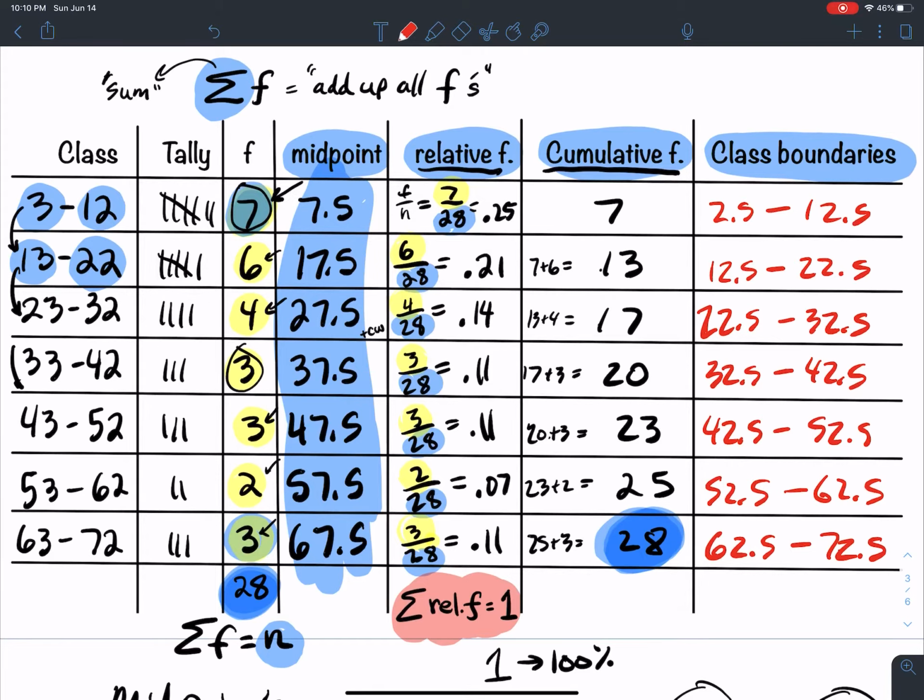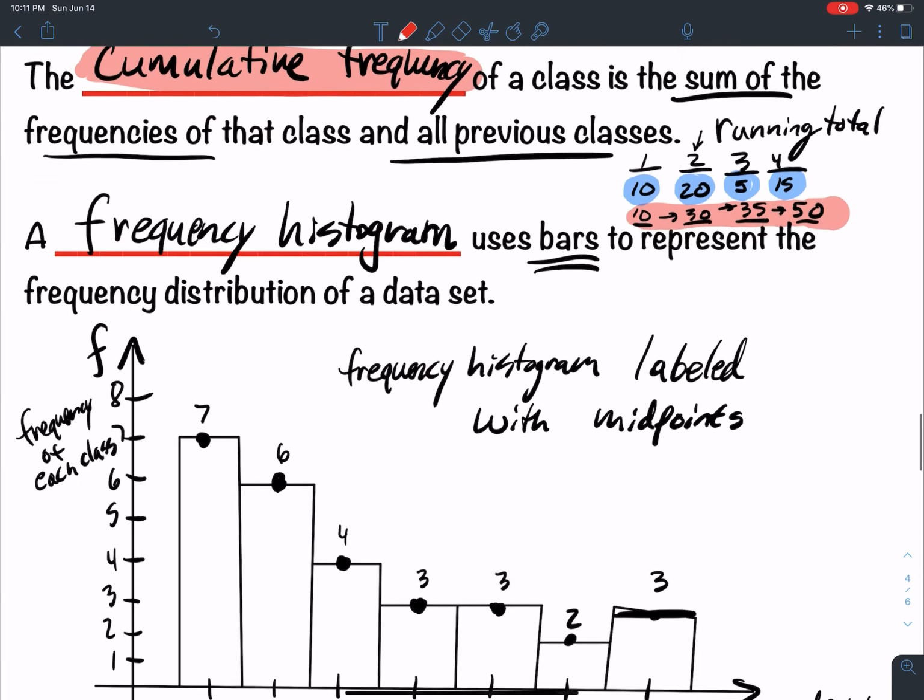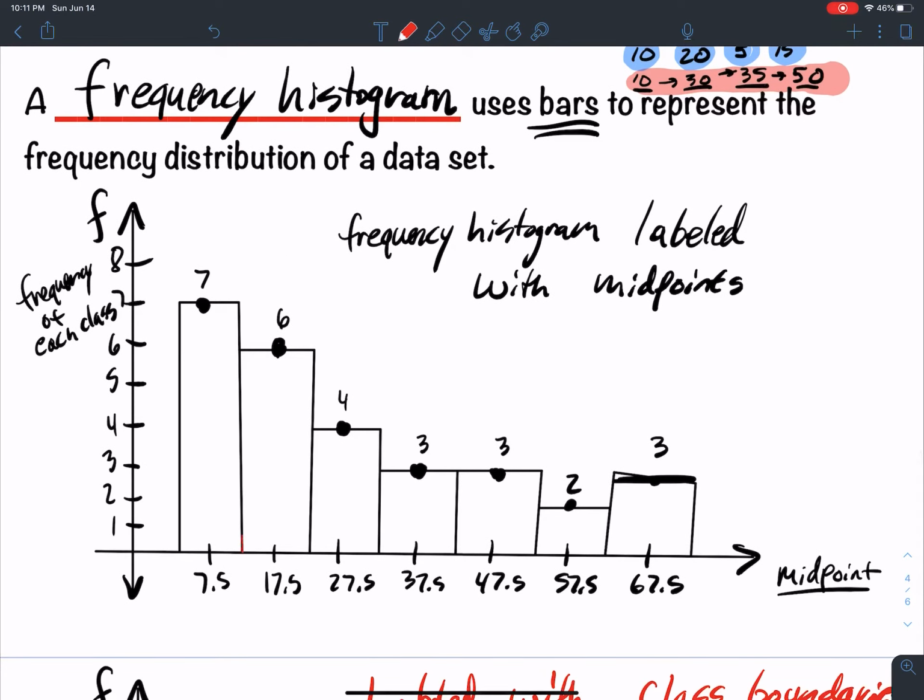Now, you might be saying to yourself, well, Mr. Clark, didn't you say that these classes can't overlap? Well, that is true. The classes don't overlap. The class boundaries, though, you think about the border of a country. If a country shares a border, both countries share that same fence, right? Think about a backyard divided by that same fence, whether the neighbor likes it or not.